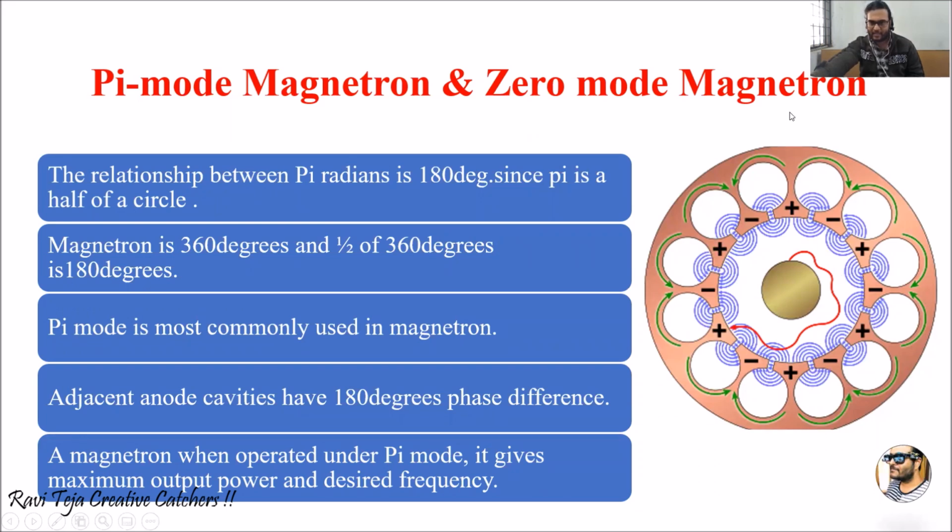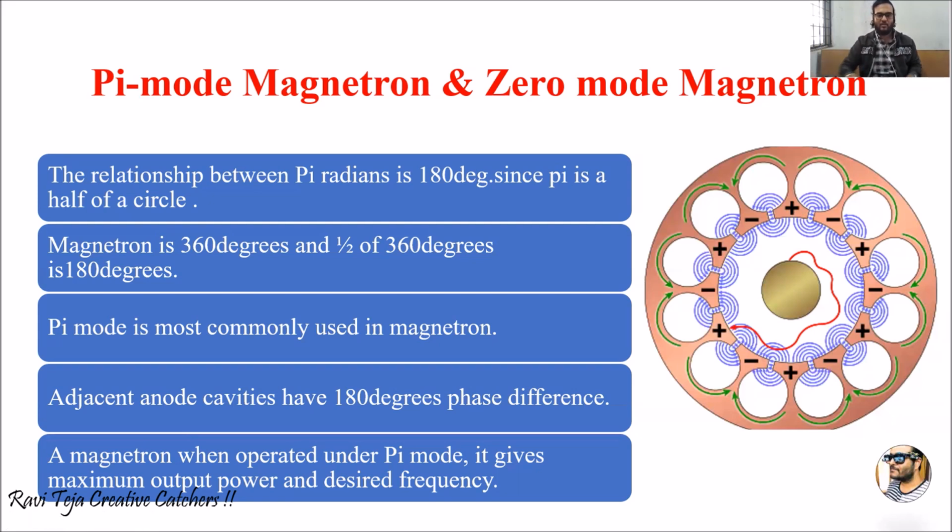In the whole 360 degrees magnetron, half is utilized, that means 180 degrees, and even if you take adjacent cavities, each cavity has a 180 degrees phase difference. If you see here, there is a negative plate followed by a positive plate, and again a negative plate followed by a positive plate.